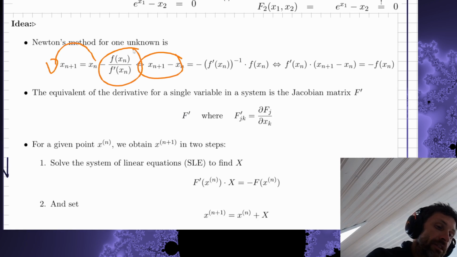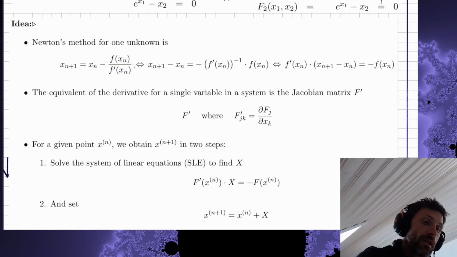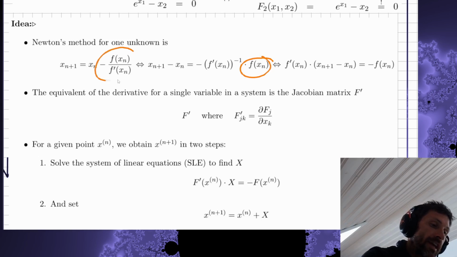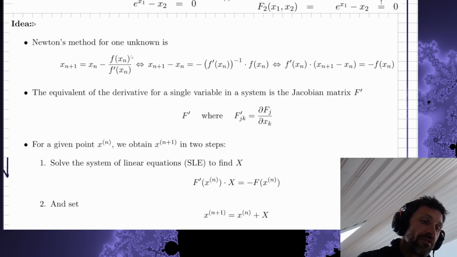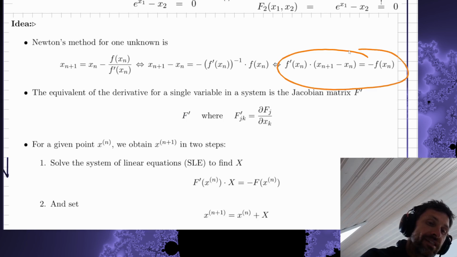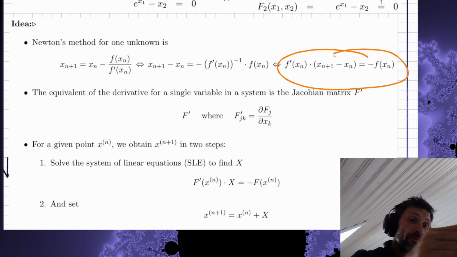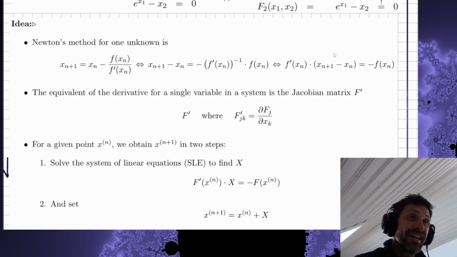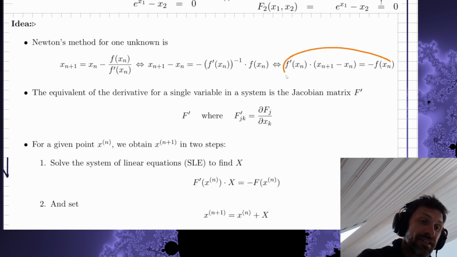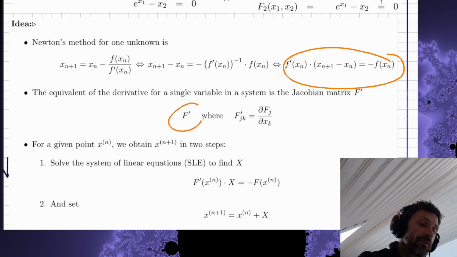That can be written as the inverse of f prime times f of x. So you can rewrite that way, and thus you can, instead of the inverse, write this equation which has to be solved.